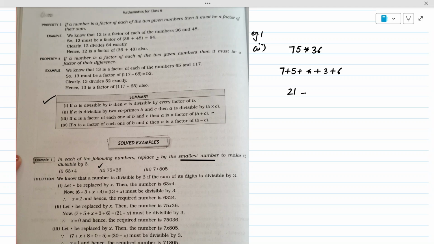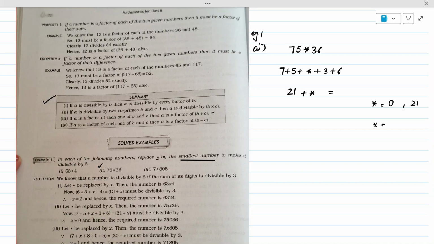So 21 plus this star should give us a number which should be divisible by 3. And it should be the smallest number also, because we have to replace this by the smallest number. So smallest number, I can take star as 0 and the complete number will become 21.